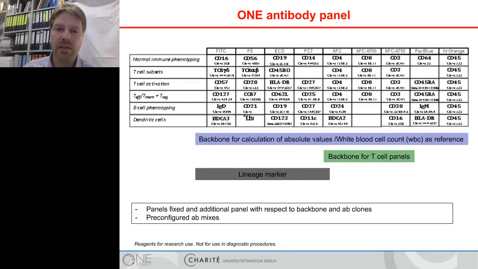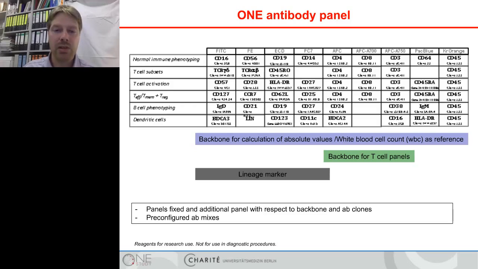In all panels, we are using a unique CD45 backbone. We need this backbone for the calculation of absolute values, and we are using the white blood cell count of the hematology department as a reference for calculating these values. And in all T-cell panels, we also have a unique backbone of the markers CD3, CD4, and CD8.